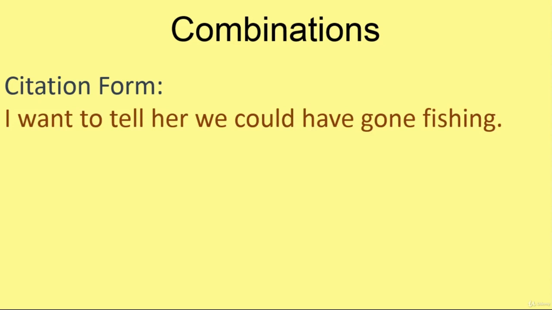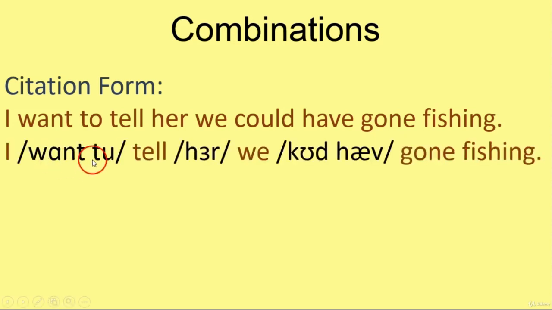Okay, let's look at this sentence. I want to tell her we could have gone fishing. There are 3 sets of words here that we can reduce. "Want to," "her," and "could have."